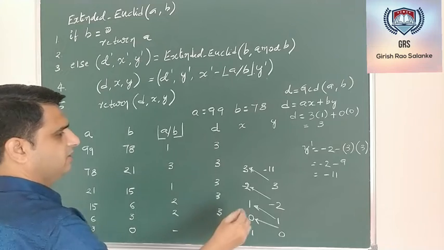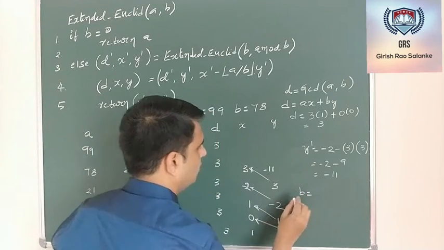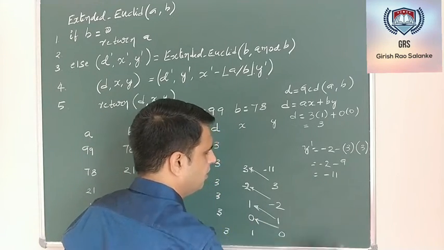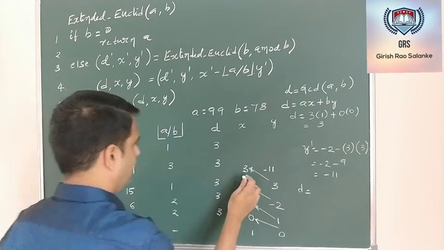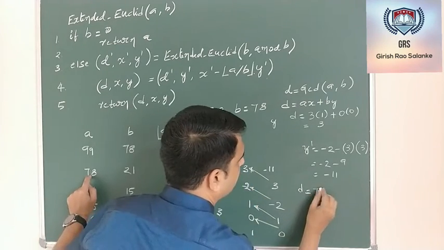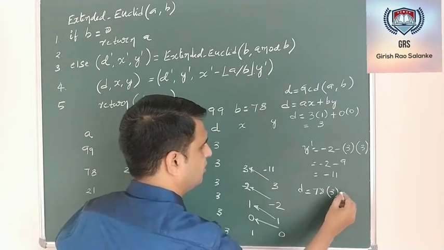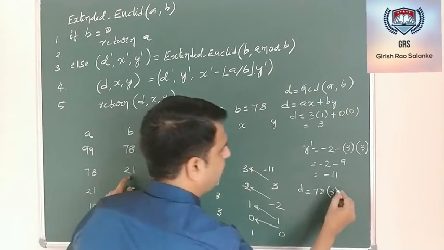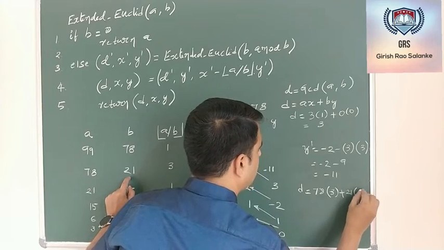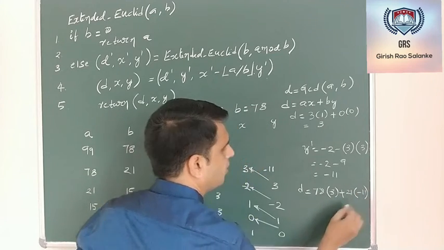Now try to apply this. This is D is equal to, sorry, not B, it is D. D is equal to A. A value is 78. 78 into 3 plus B. B is 21. 21 into minus 11.